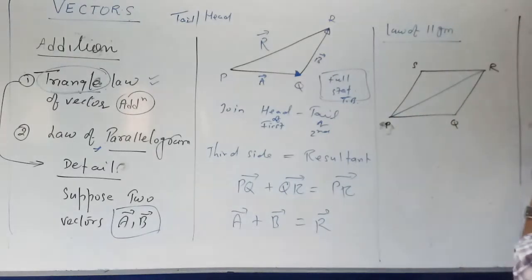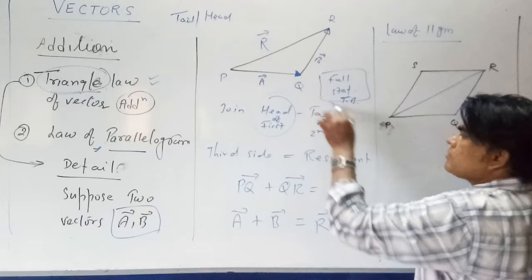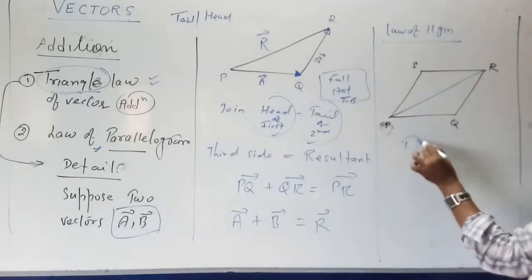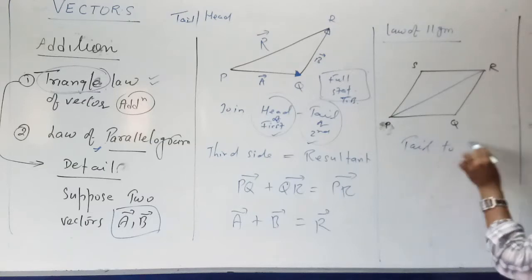Same statement. But this time we are not arranging a head-tail combination. In the triangle it was a head-tail combination, here there is a tail-tail combination. Tail to tail combination.